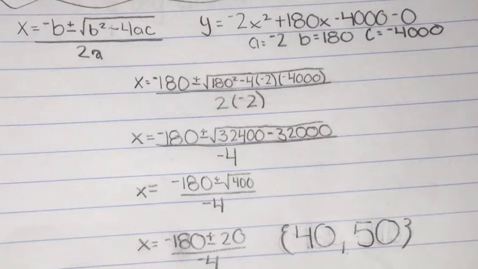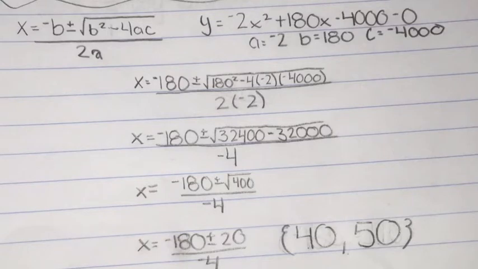Since we know that the square root of 400 is a perfect square, we know that it should be 20. Since it's 20, the equation now should look like x equals negative 180 plus or minus 20, divided by negative 4.